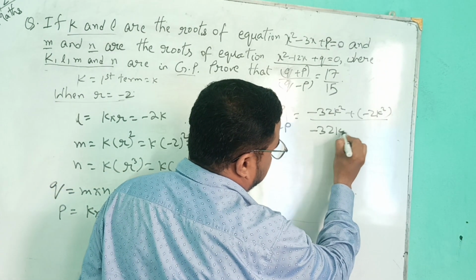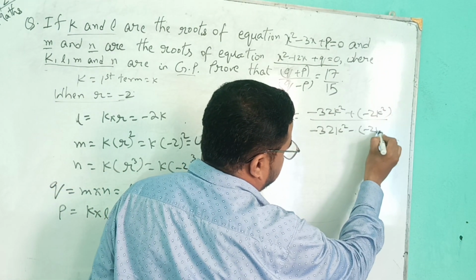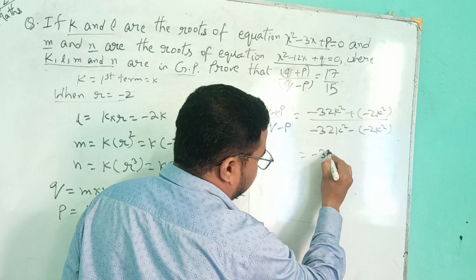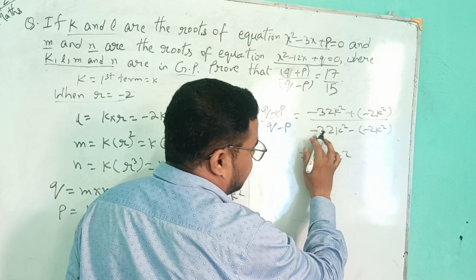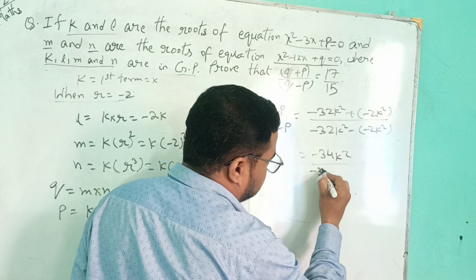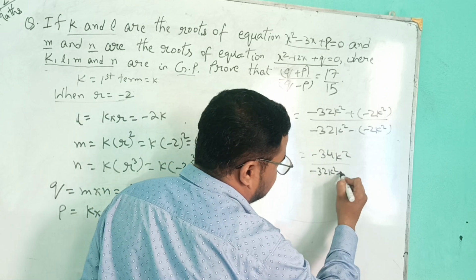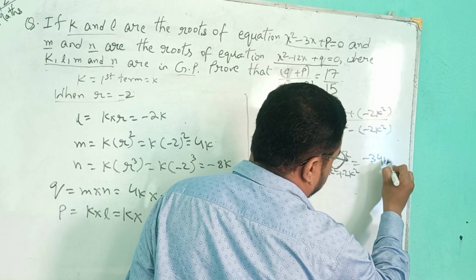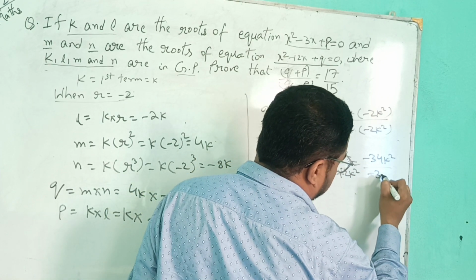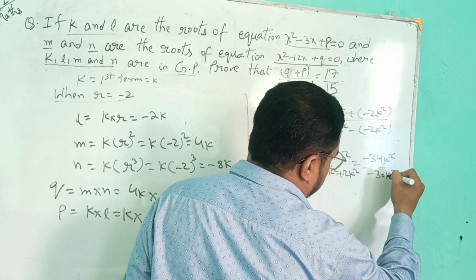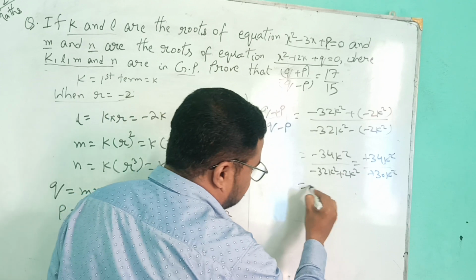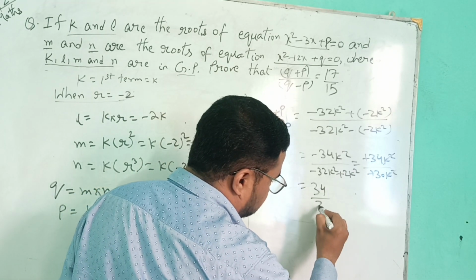Minus 32k square minus minus 2k square. Minus 32 minus 2 equal to minus 34k square. And minus 32k square plus 2k square equal to minus 30k square. So minus 34k square by minus 30k square. k square cuts, and minus minus also equals plus. Here it is 34 by 30.